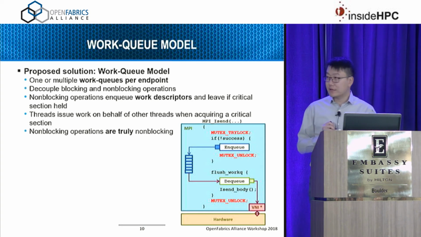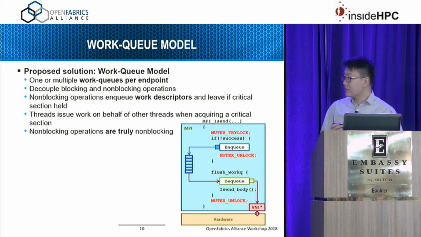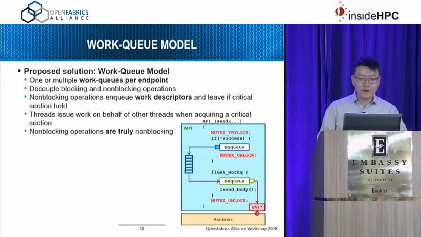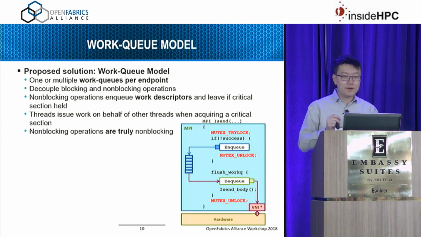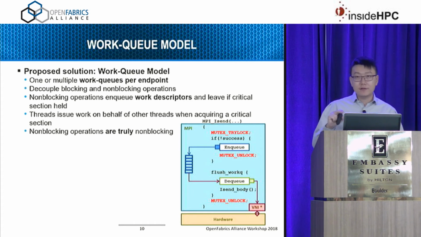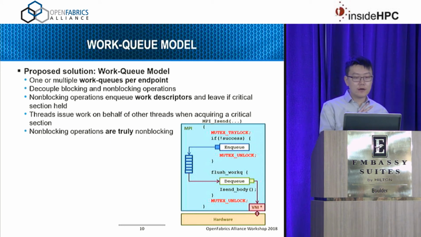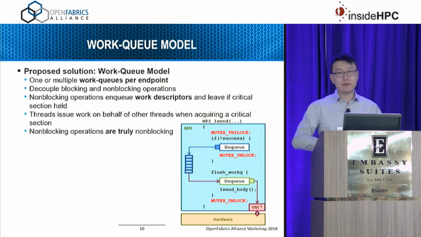So what we're trying to do is introduce a queue. If you get the lock, you just issue your message, no problem. But when you try to get a lock and cannot get one, instead of going back and waiting, you create what we call a work descriptor and put it into the queue. The thread that actually has the lock first looks into the queue to see if there's any pending work that has been enqueued by a different thread, dequeues and issues all those messages first, and then issues its own message.